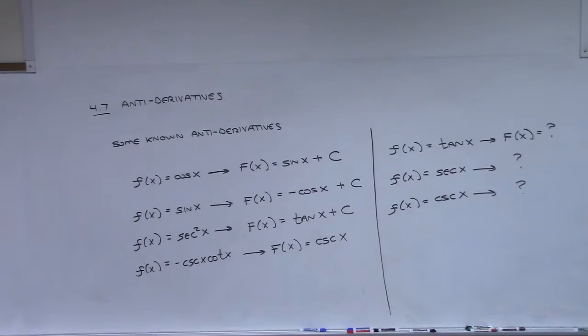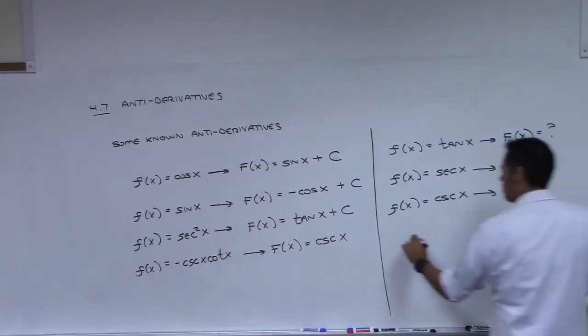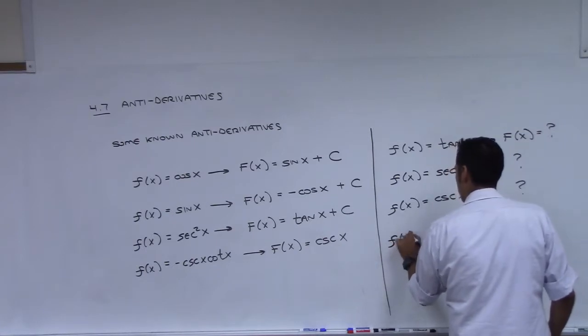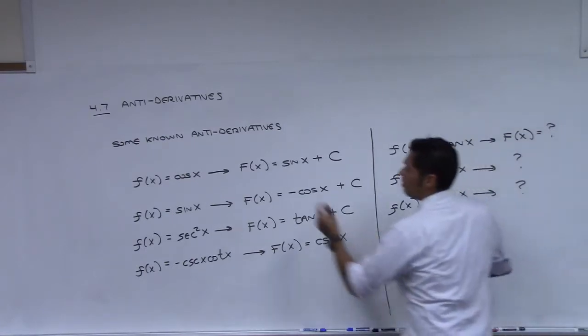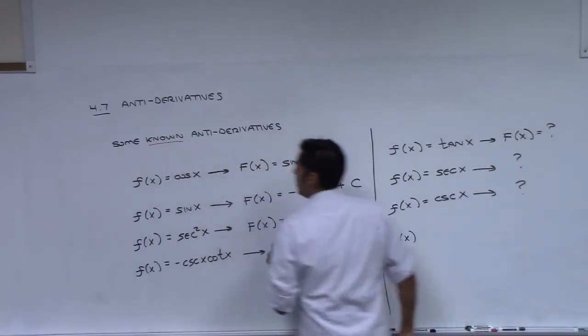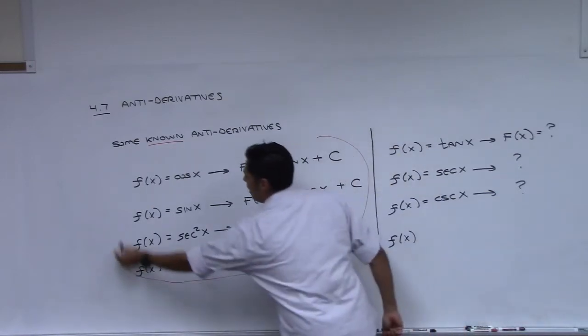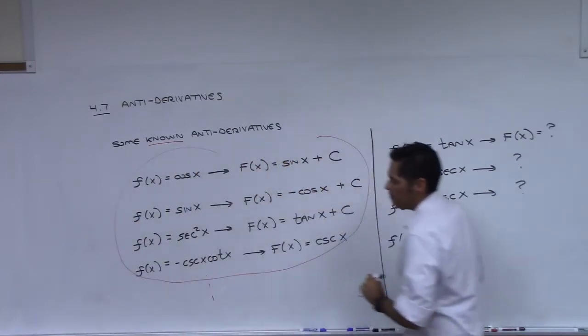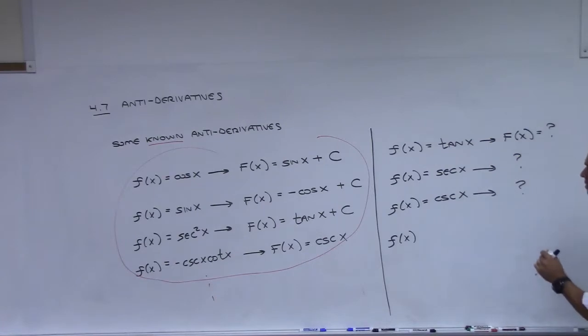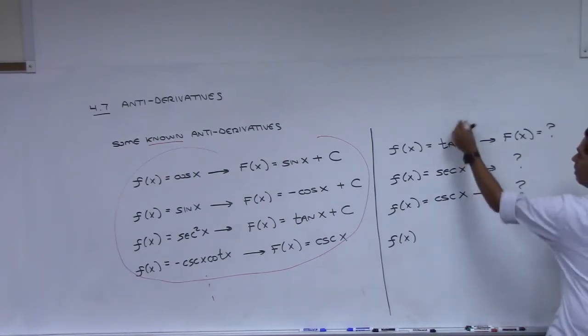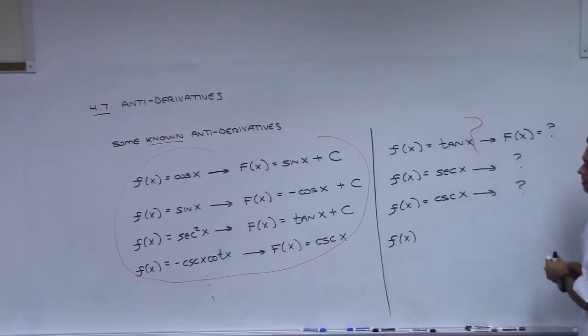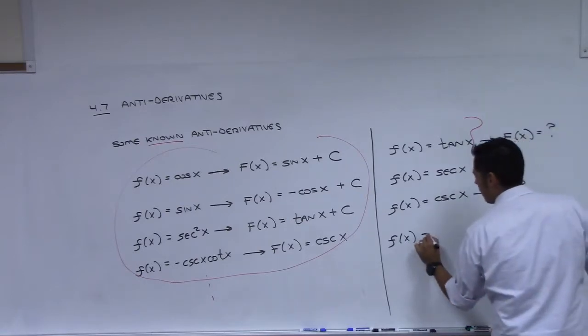All right, let's try something else. Let's step away from the trig functions for a little while. How about this? So these were, I said, some known ones, right? These are the known ones right here. And then there were some more that we should know from our Cal 1 class. These right here are big question marks, right? But here are some more that we should know.